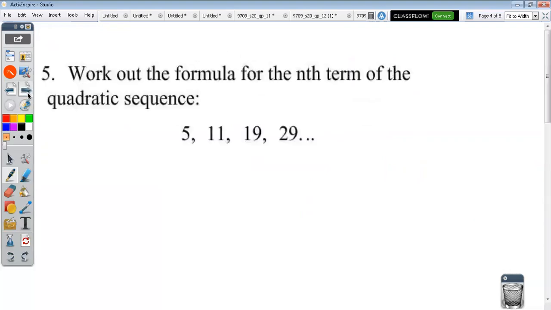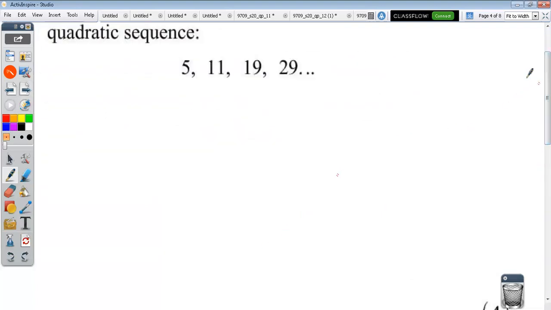Maybe this one. Write down the nth term. So what's the difference here? 6. Difference there? 8. Difference there? 10.